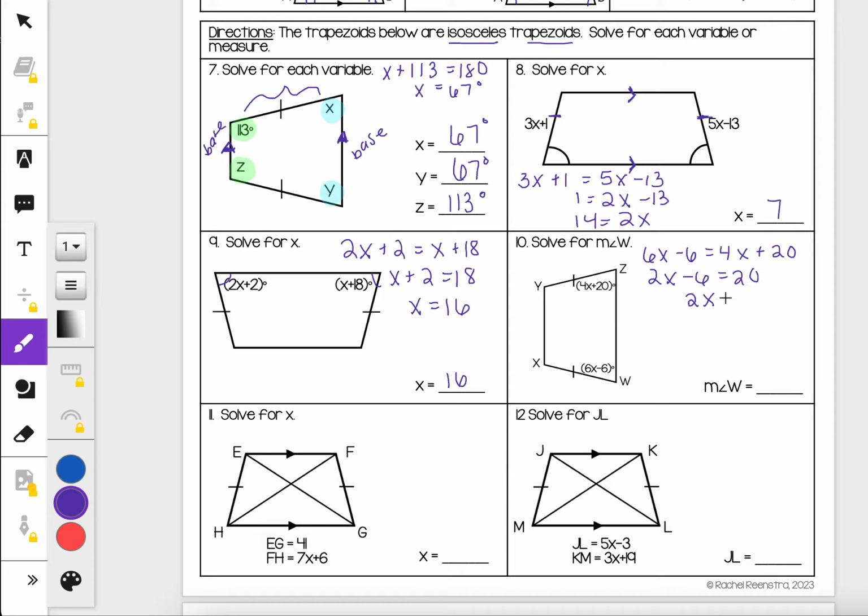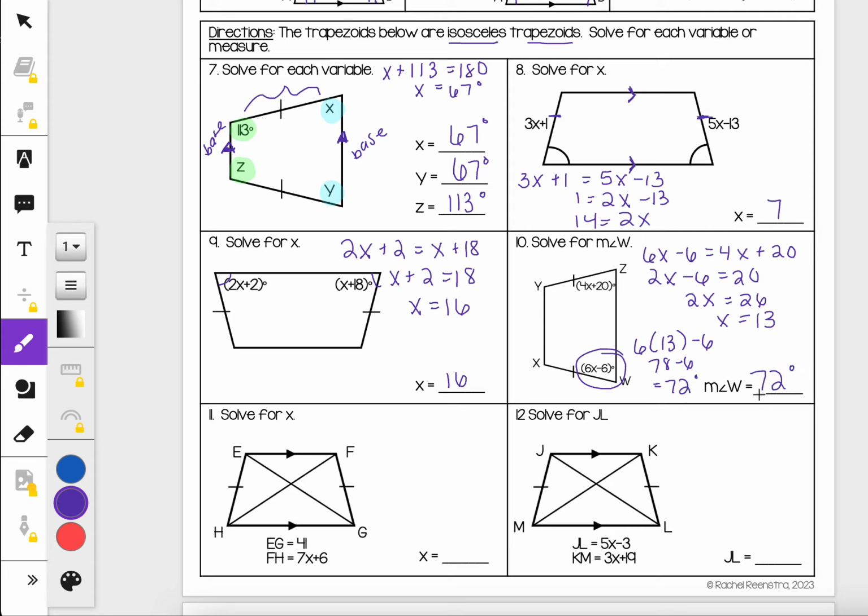And add 6 to both sides. So x equals 13. Then I'm going to take that x equals 13 and substitute it into the measure of angle W. So 6 times 13 minus 6 is going to give me 78 minus 6, or 72 degrees.